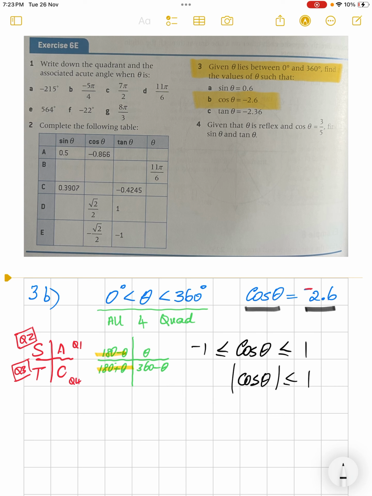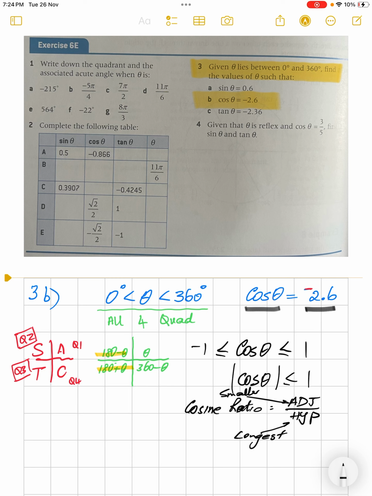The reason for that is that the cosine ratio is adjacent divided by the hypotenuse, right? Do you remember what the longest side of the right-angled triangle is? The longest side is the hypotenuse, and therefore the adjacent is usually a smaller side than the hypotenuse.